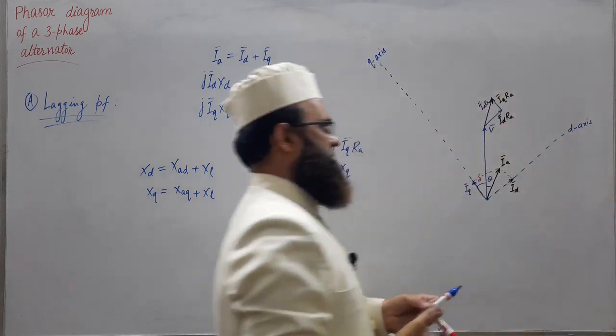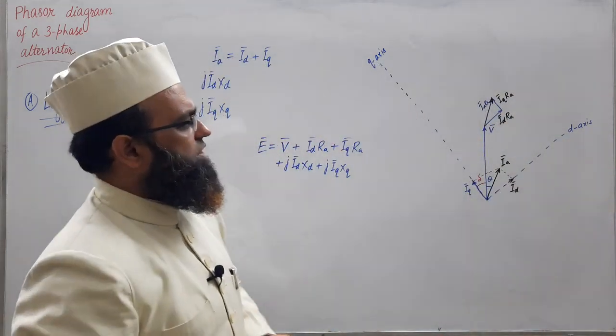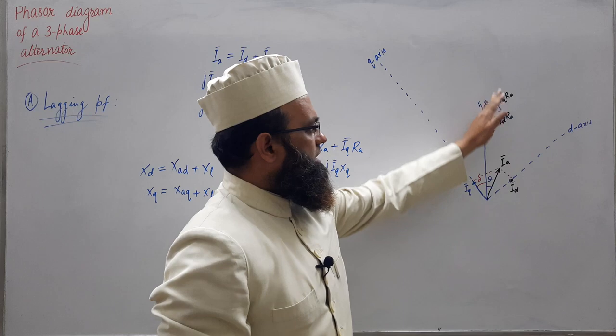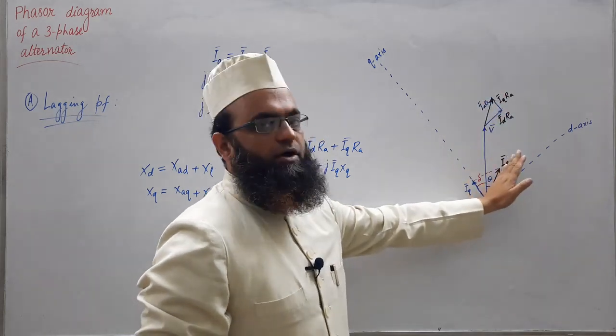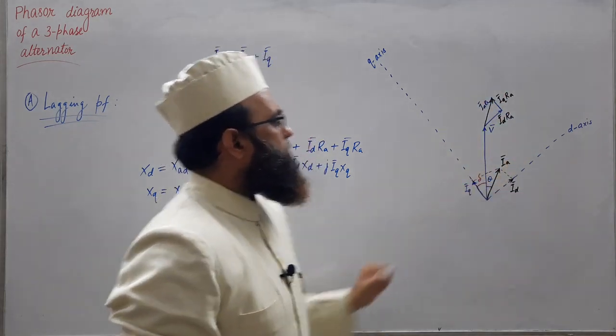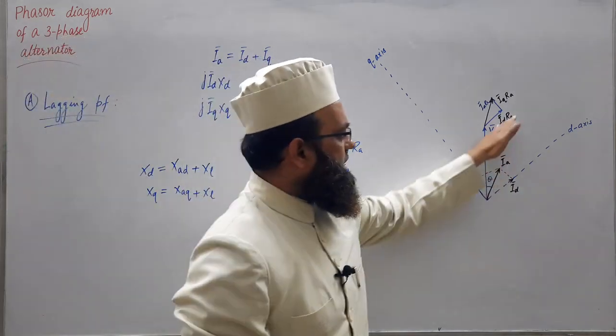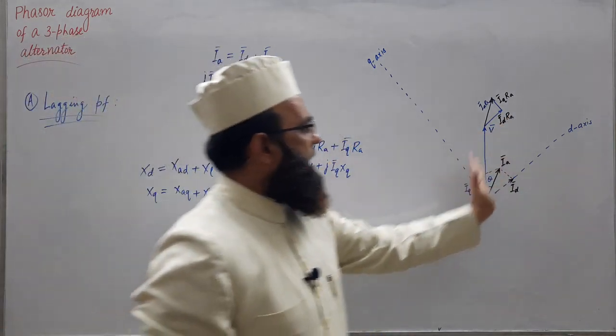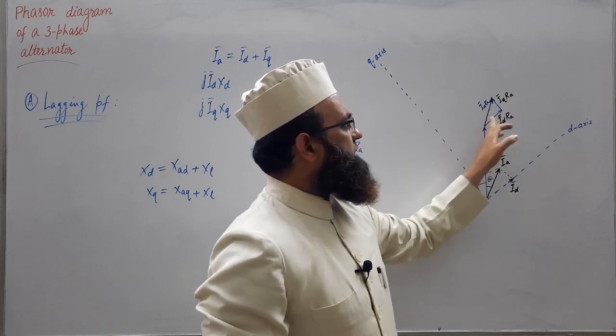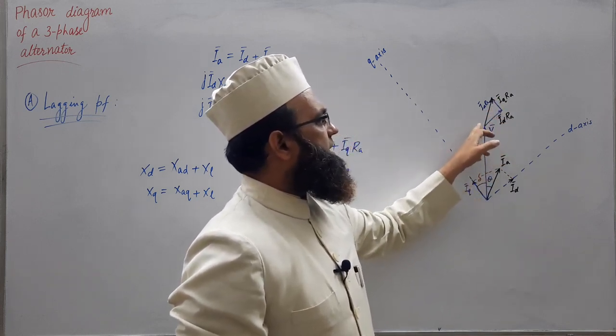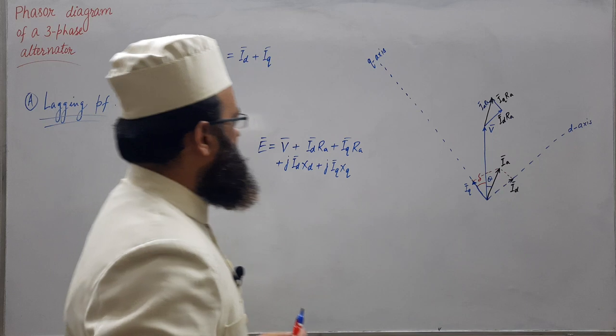Either you directly add IA RA, which will be parallel with IA, or the two components ID RA along ID and IQ RA along IQ. These two phasors give the resultant IA RA.